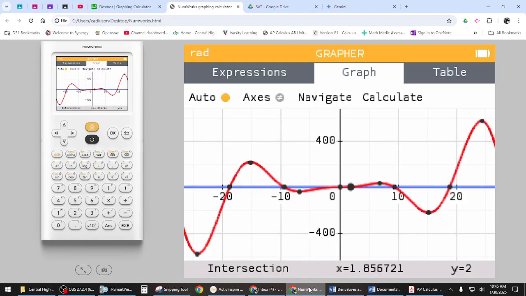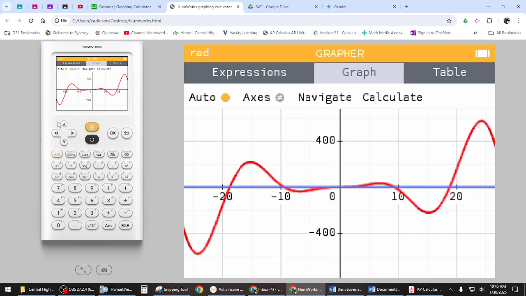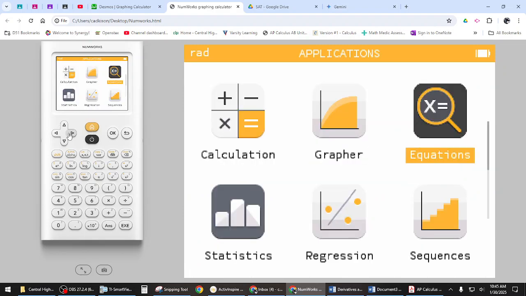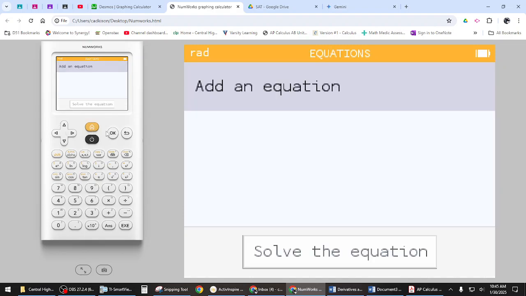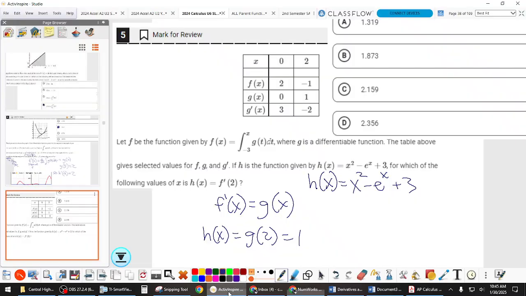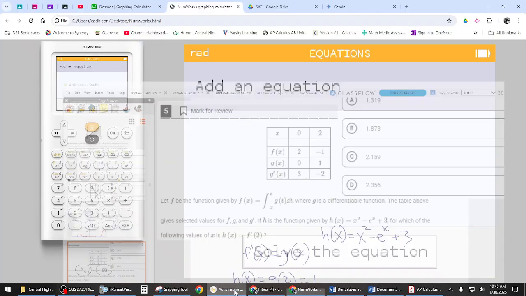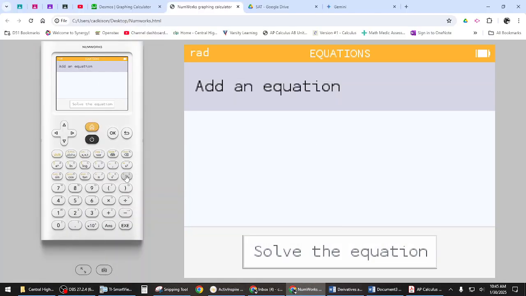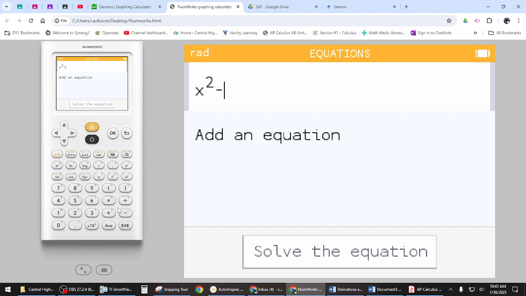Yeah, I gave you 1.3, which is what I got from the graph. x squared minus b to the x plus 3.